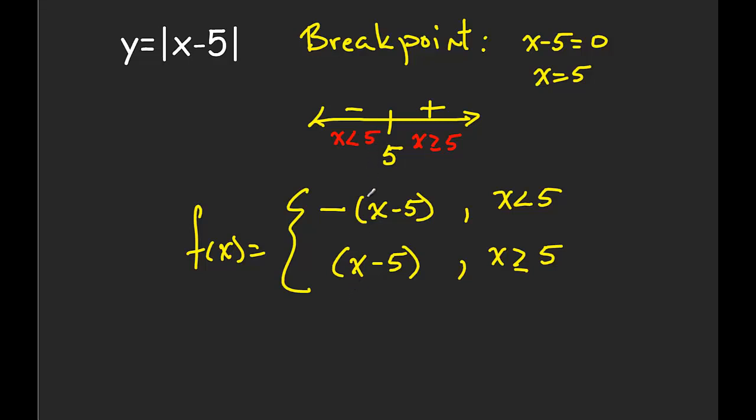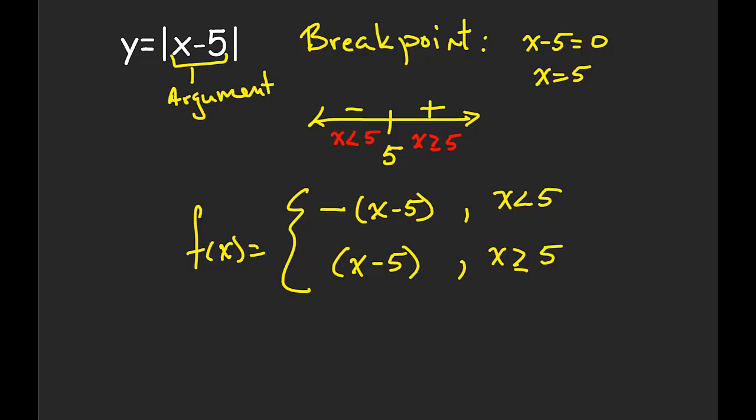And then we write the multi-rule according to the domain. Okay, in the x less than 5 domain, we say negative the argument. And then the x greater than or equal to 5 domain, we say x minus 5, just the positive version of the argument. Okay, and remember, what I'm calling the argument is this section here, the argument of the function.